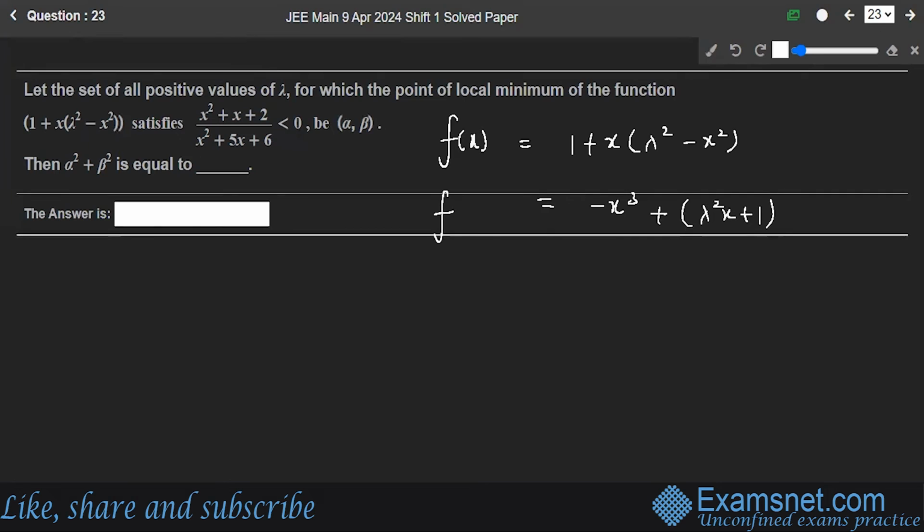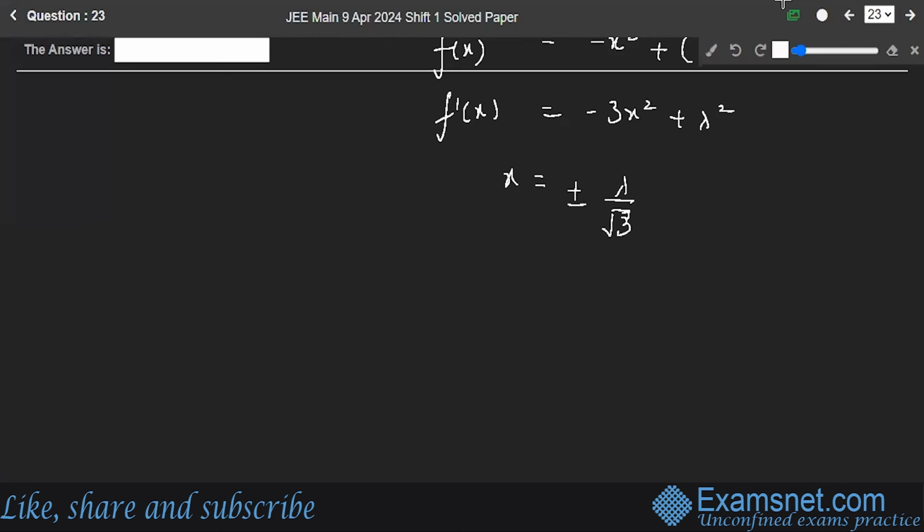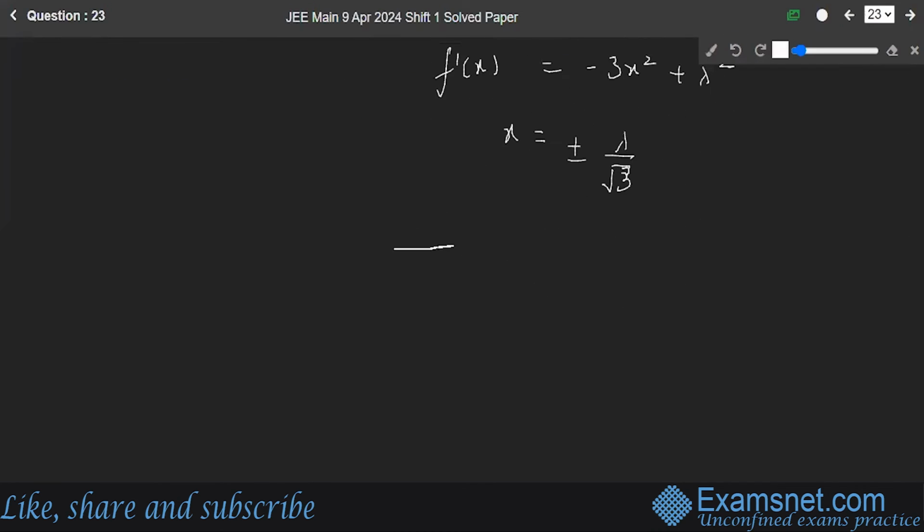Let's find the derivative. So f'(x) will be given by −3x² + λ², or x will be equal to ±λ/√3. So here, these are the two values: this is −λ/√3 and this is positive λ/√3.